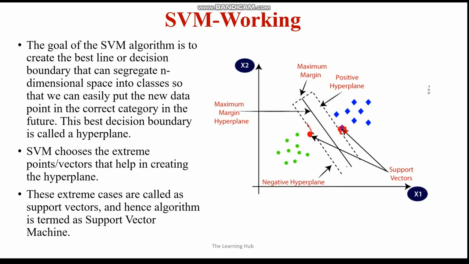So we have these two parallel lines, one line over here, one line over here, and the closest points to these lines, which are giving the margin, are known as support vectors. Support vectors are basically the data points, one from each class, that are closest to these lines, which give the separation between the two.